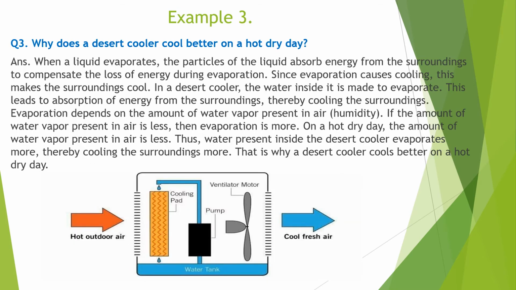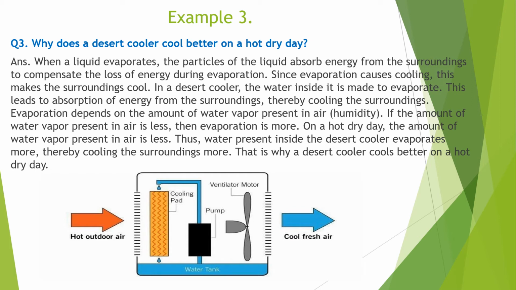Moving further, the next one is, why does a desert cooler cool better on a hot dry day? The answer is like this: when a liquid evaporates, the particles of the liquid absorb energy from the surroundings to compensate for the loss of energy during evaporation, because wherever evaporation is taking place, energy is being lost.